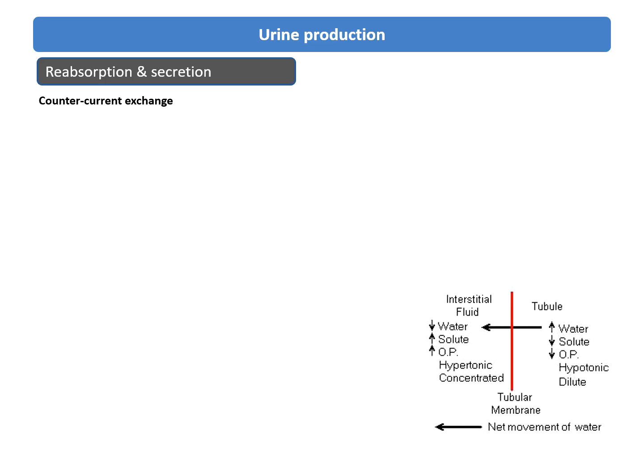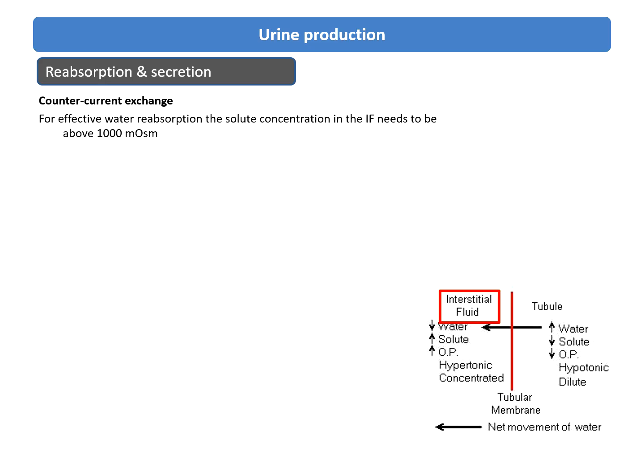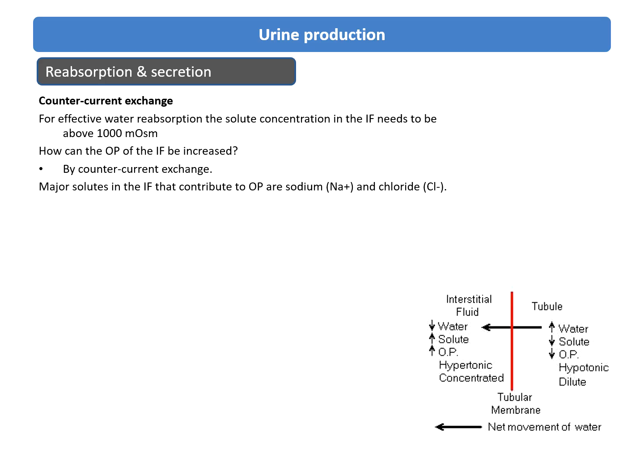This is where the countercurrent exchange comes in. For effective water reabsorption, the solute concentration in the interstitial fluid needs to be above 1,000 milliosmoles per liter. How can the osmotic pressure of the interstitial fluid be increased? By countercurrent exchange.